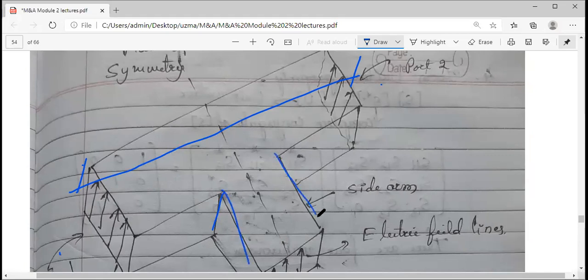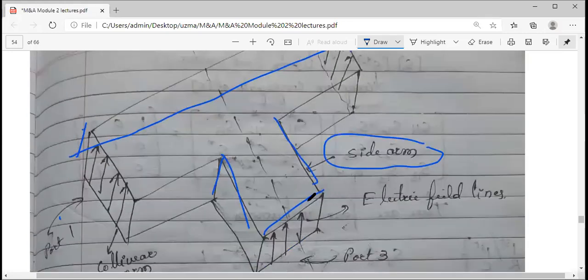And the extension you can see is one separate section which is attached. How is it attached? You make one slot in the collinear arm, this long waveguide. Along the width you cut a slot, and within that you attach this. We call it the H arm or side arm, both. Why is it called the H arm?